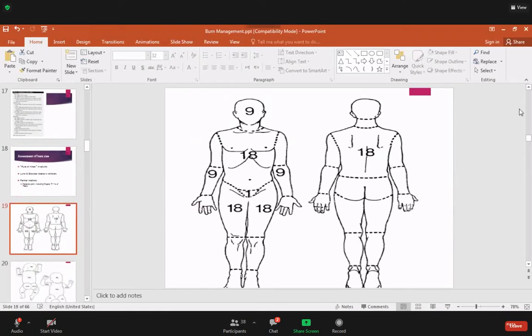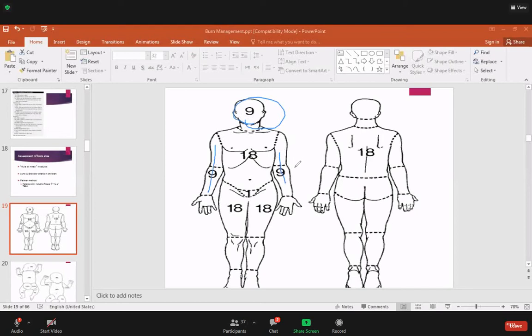Okay, this is rule of 9. Now you can see that we divide the body into different areas, all having the figure 9. And it makes a total of 11 areas that we take. The whole head and neck in adults is taken as 9.